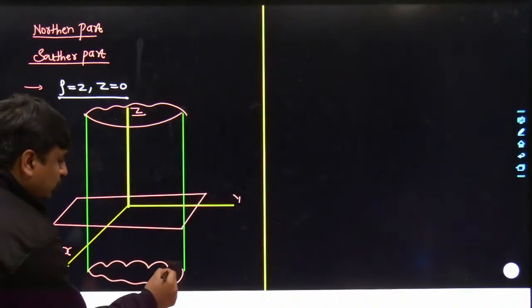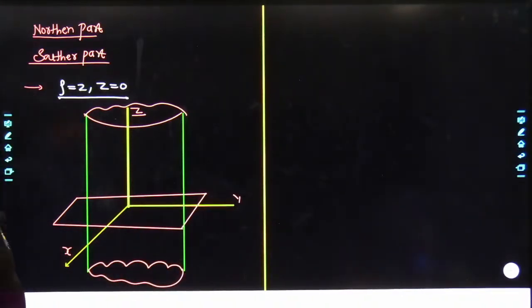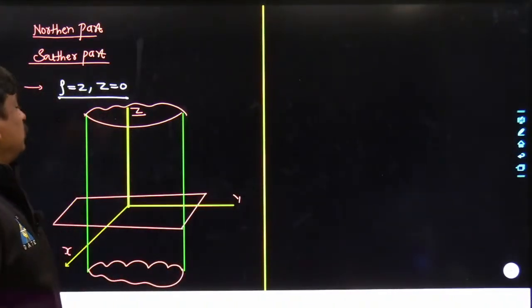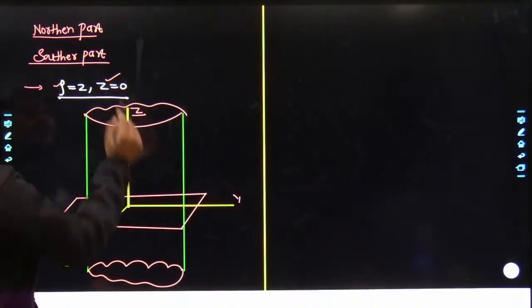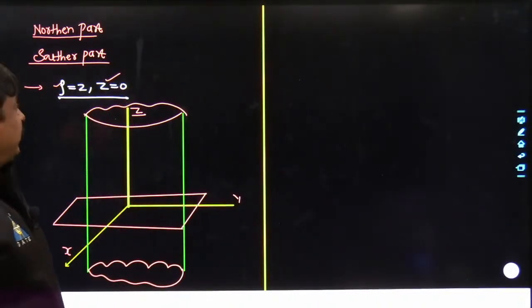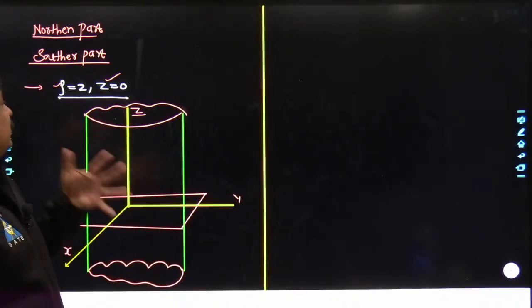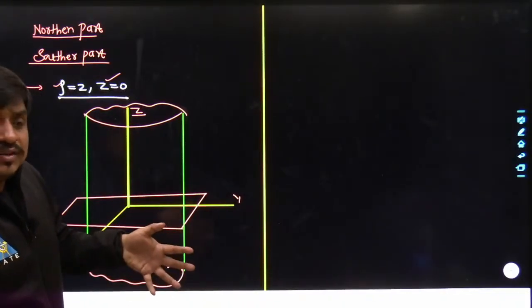Anyways, I do not have to stick to rho is equal to 2 alone or z is equal to 0 alone. We have to take a region where both of them are satisfied. That means the region where z is 0 and also the region where rho is equal to 2.